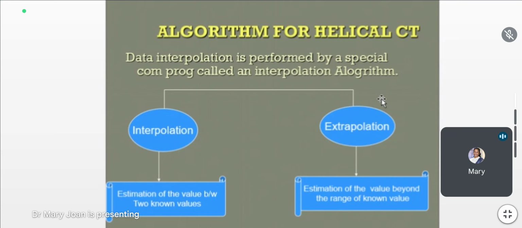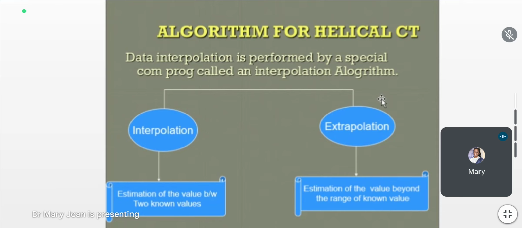Say we have a graph with x and y axes, and we have y-axis information varying from 5 to 20 of the x-axis data. We do not have information below 5. So there we extrapolate following the trend which is there between 5 and 20. In interpolation, it is like we have data from 0 to 10 and 15 to 20, and we do not have information from 10 to 15.